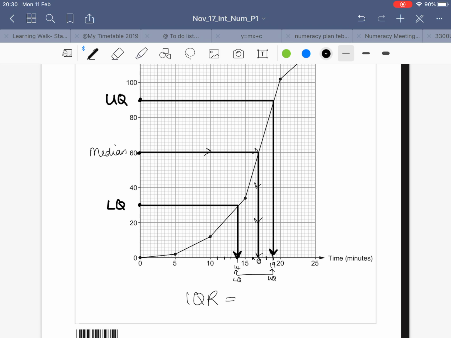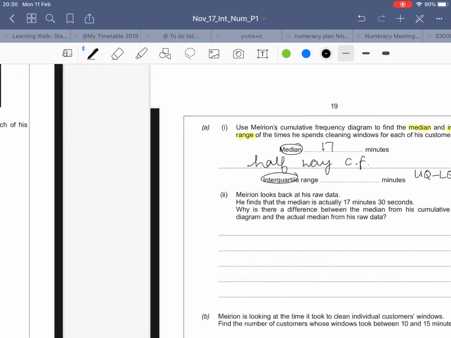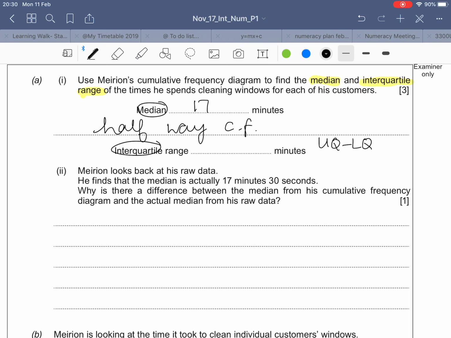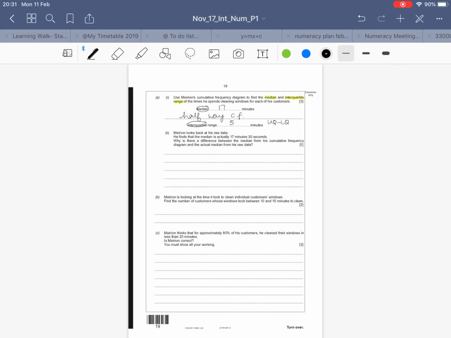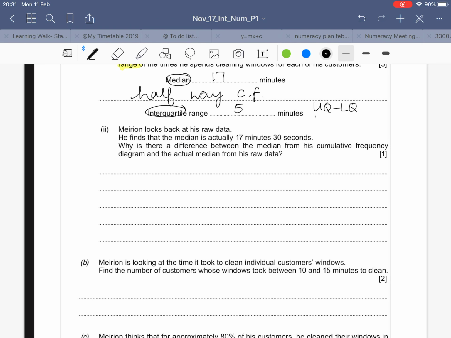So the interquartile range is the gap between that 19 and that 14, which gives me an interquartile range of 5 minutes. And that's going to come from 19 minutes for the upper quartile, take away 14 minutes for the lower.